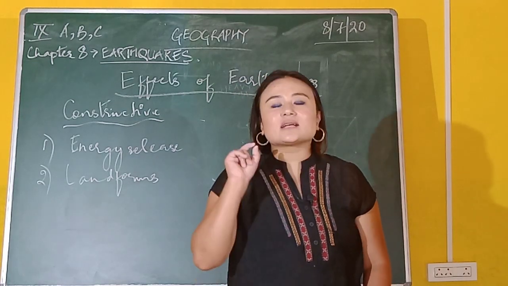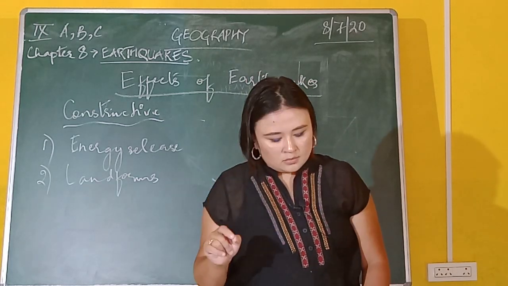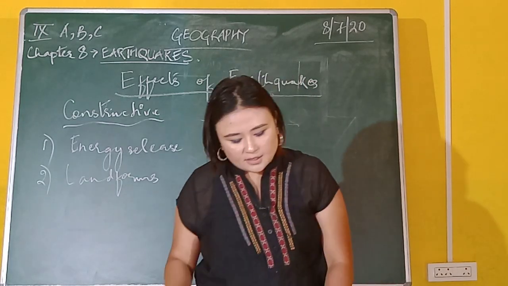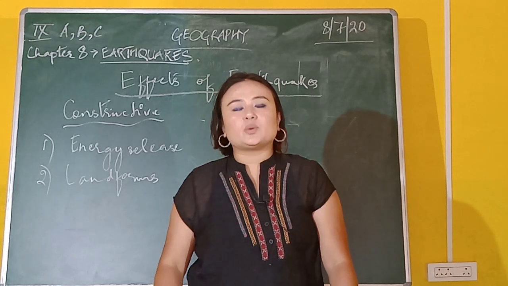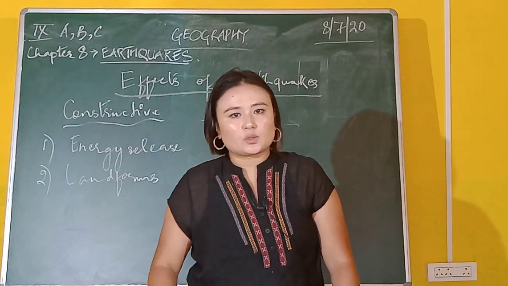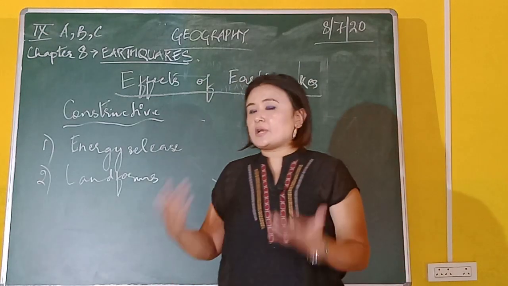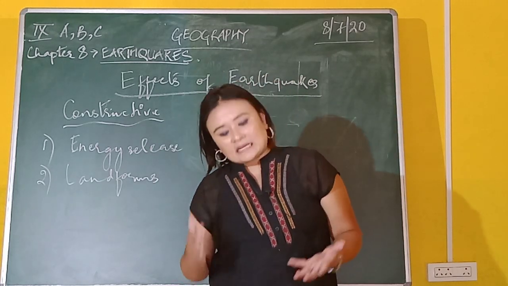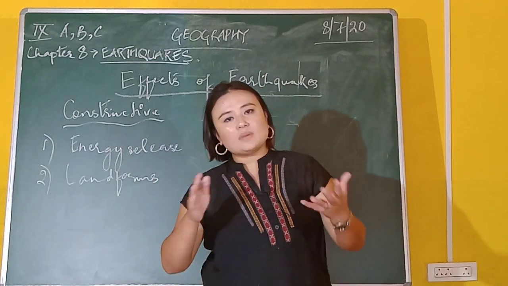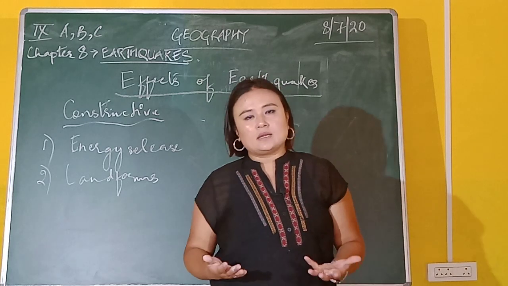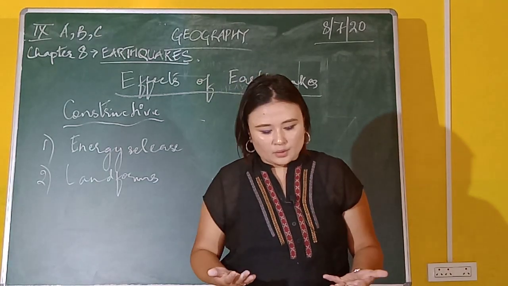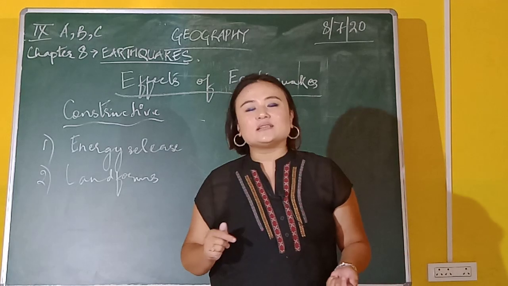Sagami Bay in Japan was uplifted 200 meters in the year 1923 when Japan was hit by an earthquake. That means Sagami Bay wasn't present in Japan before 1923, but Sagami Bay was created by the earthquake that hit Japan in the year 1923.